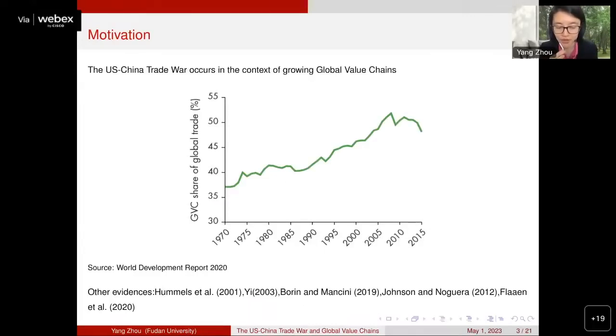This graph is adapted from the World Development Report 2020. The horizontal axis is time and the vertical axis is the GVC share of global trade. It measures what percentage of global trade is contributed by global value chains.